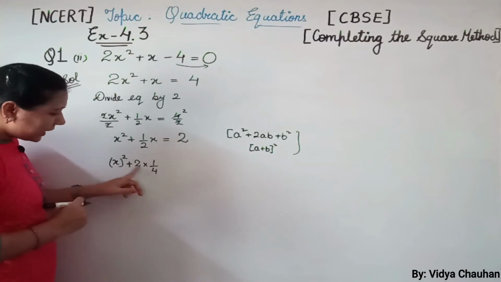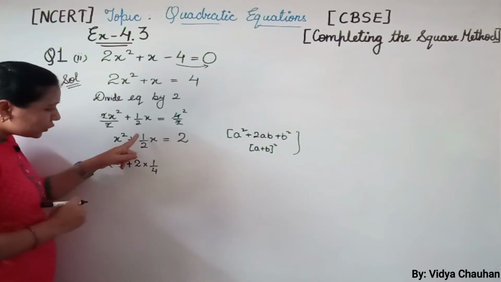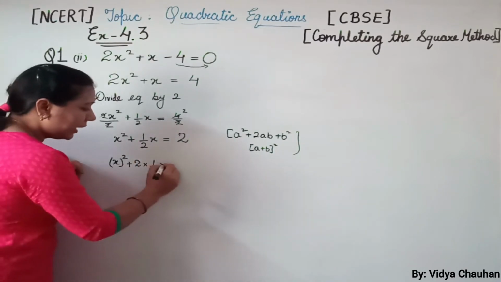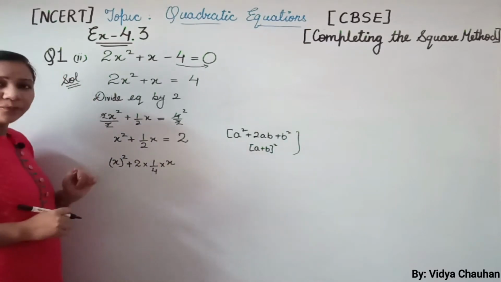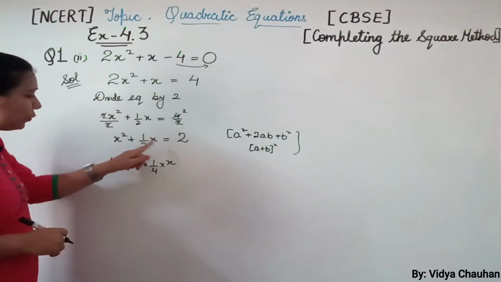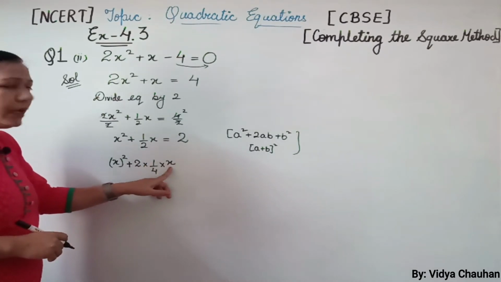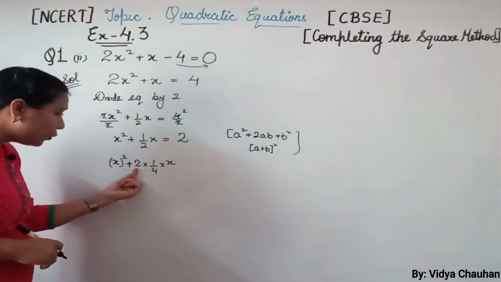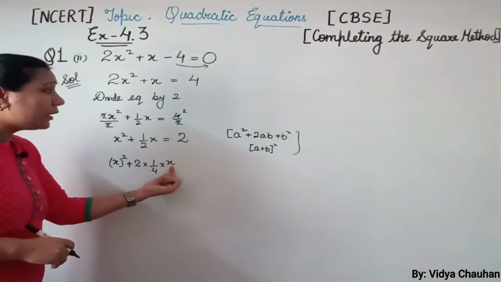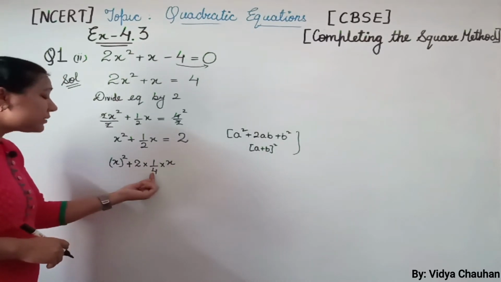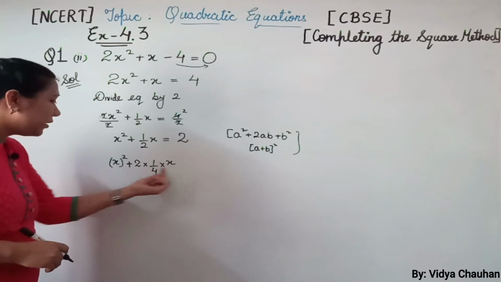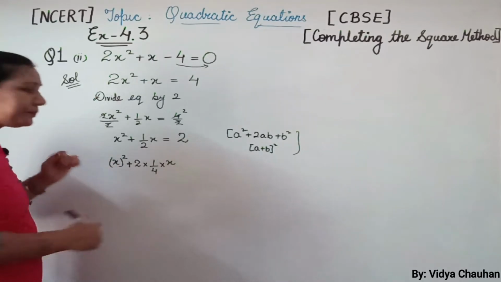Because when it gets simplified, 2 4s are 8, sorry, 2 times 1 upon 4 gives 1 upon 2, multiplied by x. So I have written 1 upon 2x as 2 multiplied by 1 upon 4 multiplied by x, and this is our 2ab. This will be our b term and this is our a term, because x is already here.